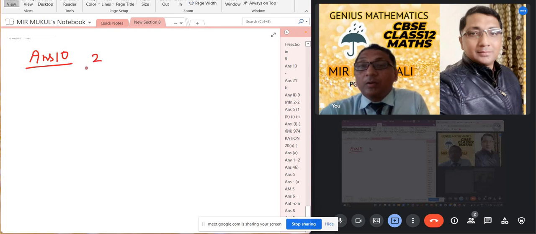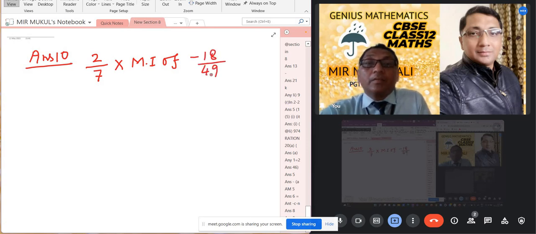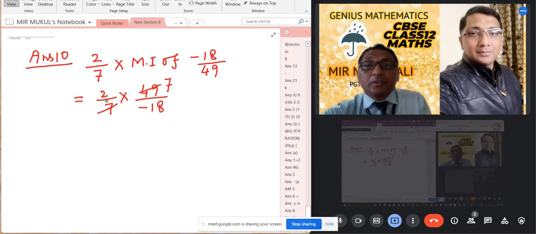So 2 by 7, multiplicative inverse of minus 18 by 49 will be 49 by minus 18. Now 7 7 jai 49 and cut by 2, 2 9 jai 18. So minus 7 by 9 we got.